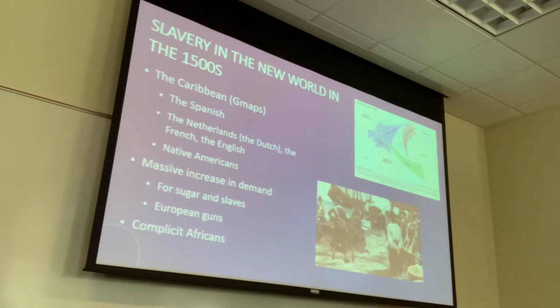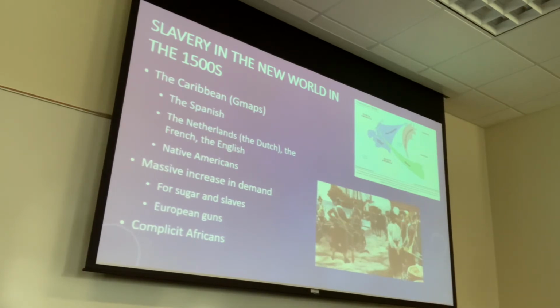Europeans provide the demand and the incentive for Africans to engage in infinitely more enslaving. And they give African slavers the guns with which to do it. So they provide the demand and the incentive and the means. In other words, in the 1500s, because of European demand for slaves, enslaving increases in Africa dramatically.